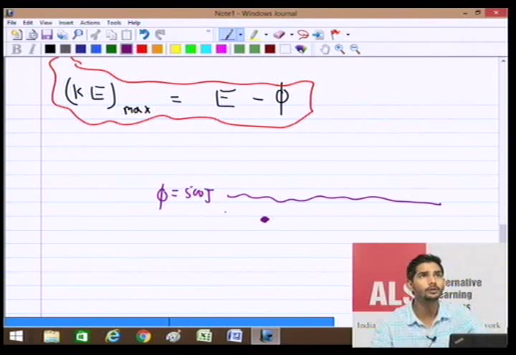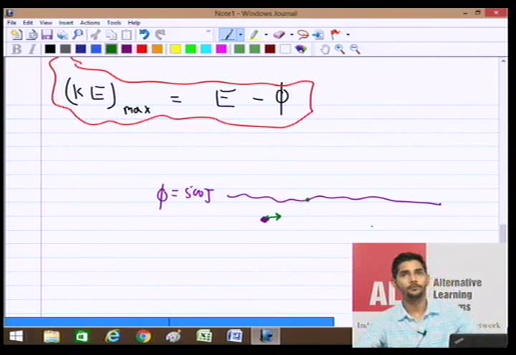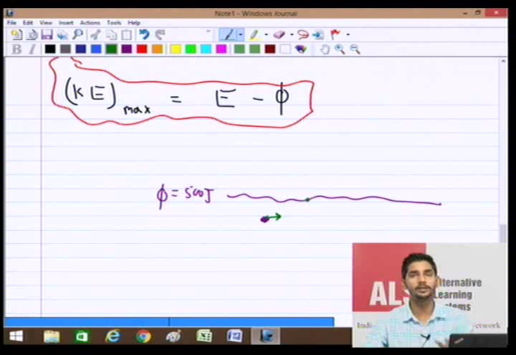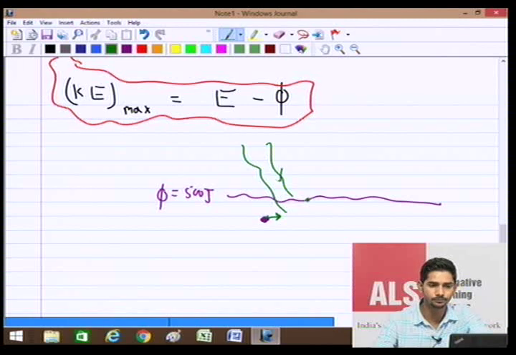This is 500 joule. It means that if you supply 500 joule of energy to this electron which is moving in this direction, it will come to the metal surface. Now this is the energy supplied by you.